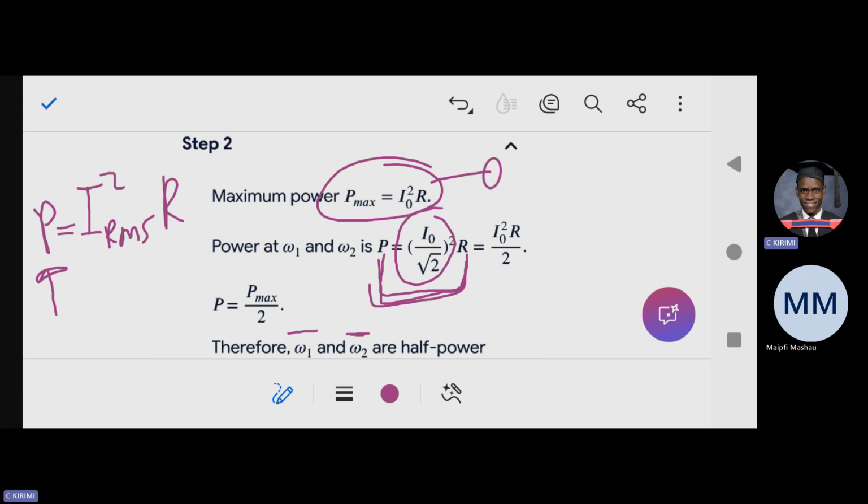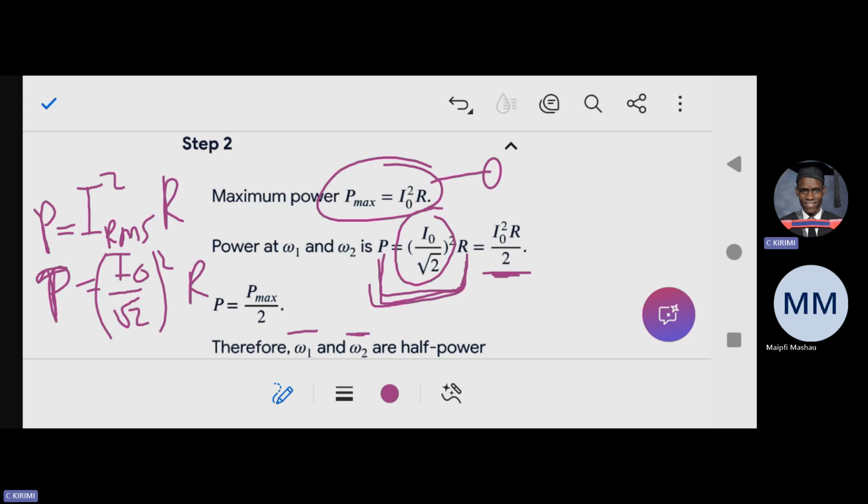When we calculated P, we found that I RMS, the root mean square, is I naught, which was given in the question, divided by root 2, and then you square it and multiply by R. So we found that the power at those points is I naught squared R divided by 2.